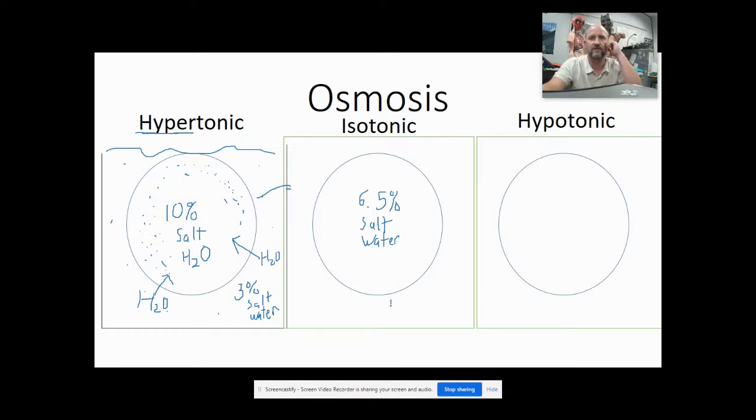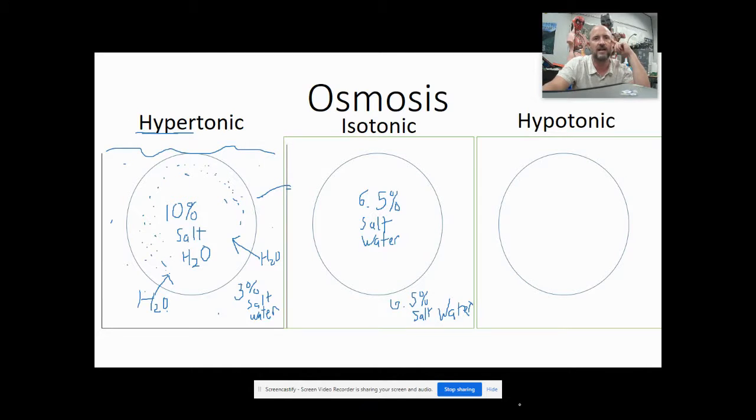And we also have 6.5% out here. Okay. At this point, they're equal. There is no movement of water.